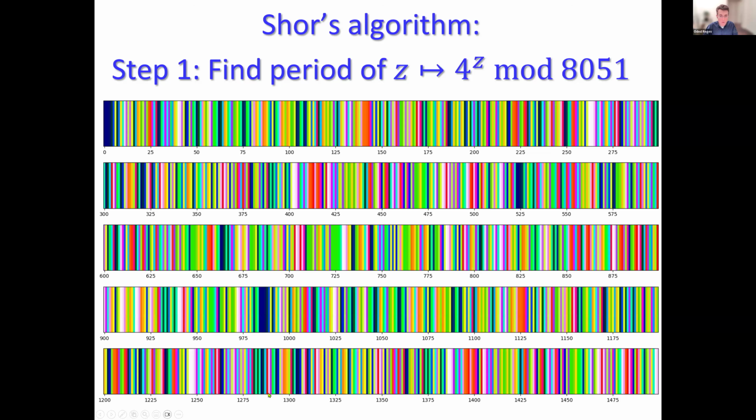It goes on and on, and at some point, if you look carefully, you might see there is a period. At some point the multiplicative order of 4 will show up, and we basically start repeating the same pattern. You can see it happening here, the same pattern showing up again.